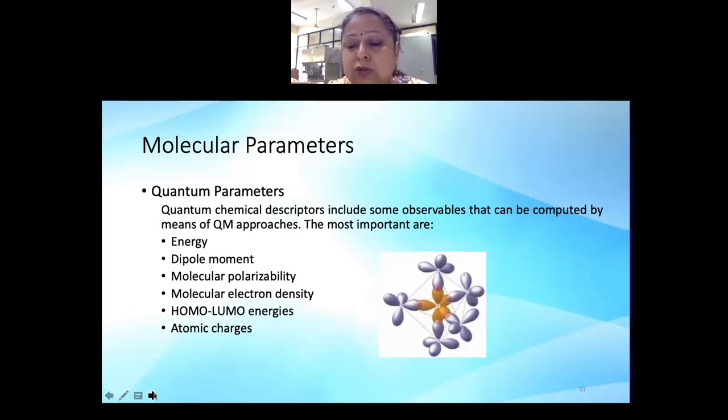And the atomic charges, as we know, like charges repel and unlike charges attract. So when there is development of charges on your molecule, there is a possibility of binding to the receptor. So you must have knowledge of these quantum chemical descriptors to design a QSAR model.